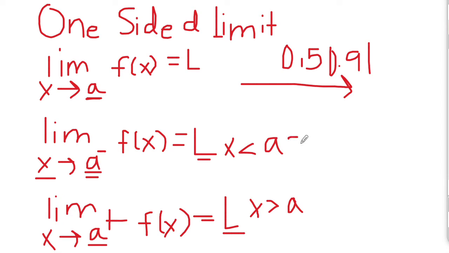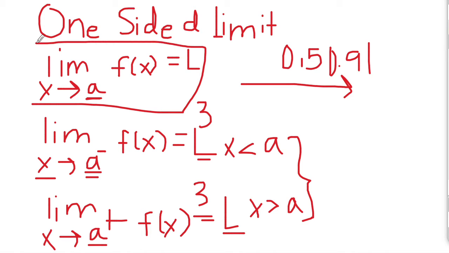Now, you've seen this type of situation. Let's say, as I talked about before, that both of the values of L are the same. If this is equal to 3 from the left side, and this is equal to 3 from the right side, then it is safe to assume that without any positive or negative notation, this would also equal 3.